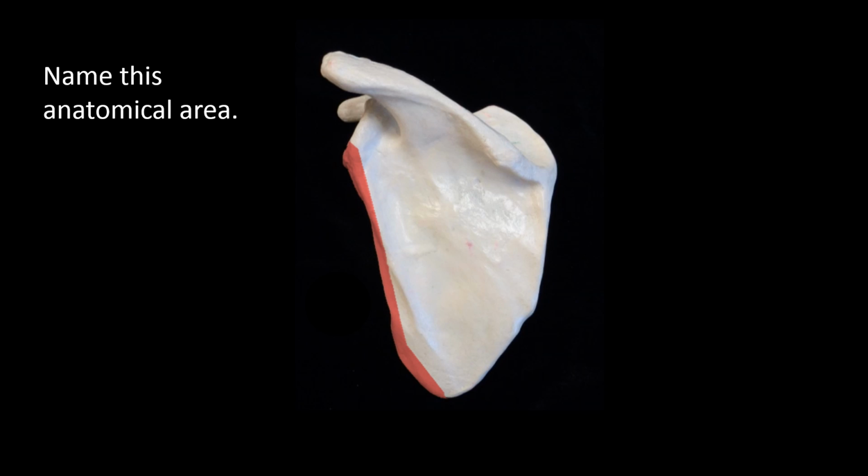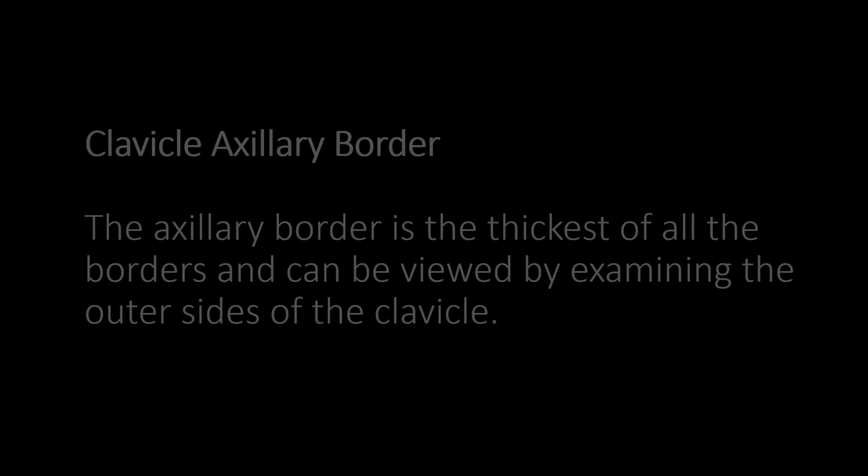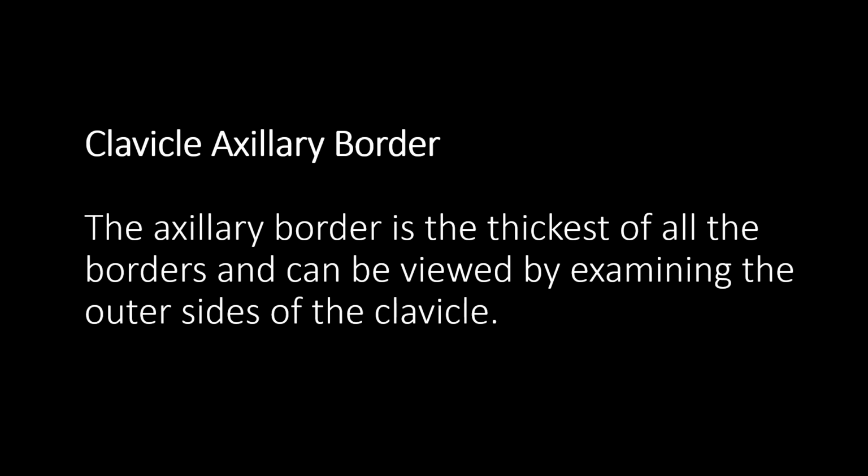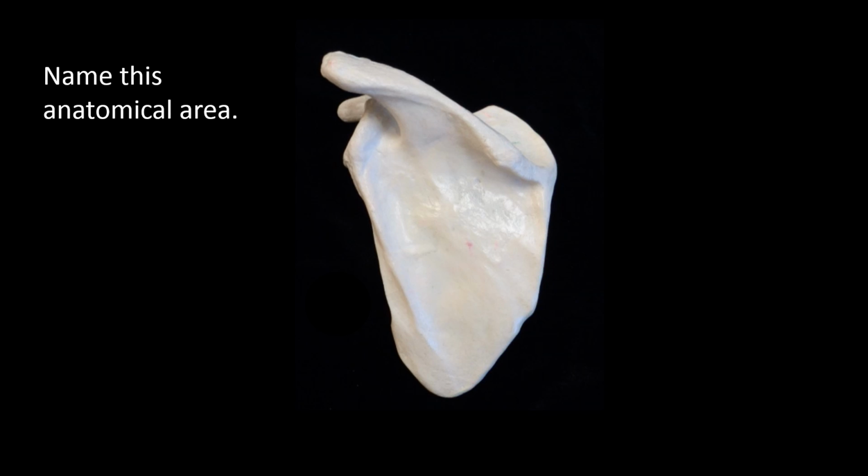Name this anatomical area. Axillary border. The axillary border is the thickest of all the borders and can be viewed by examining the outer sides of the scapula. Name this anatomical area.